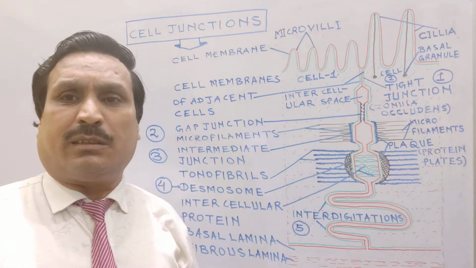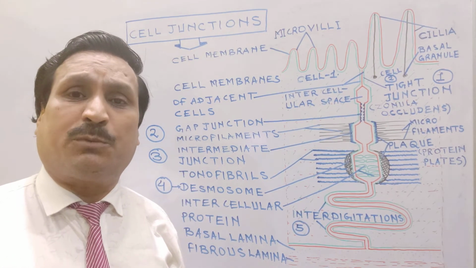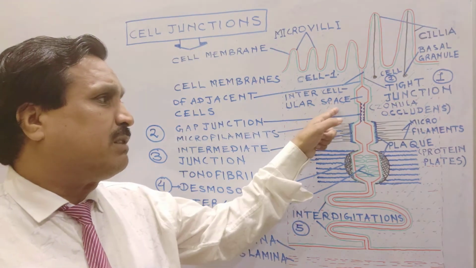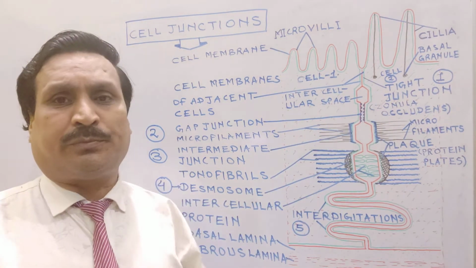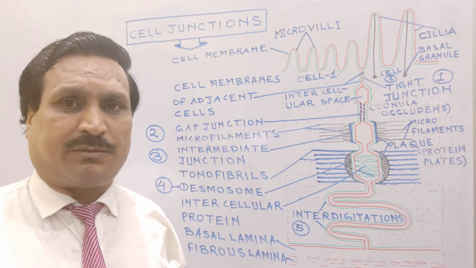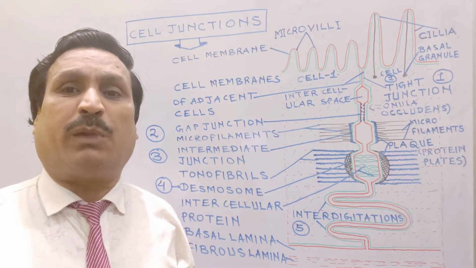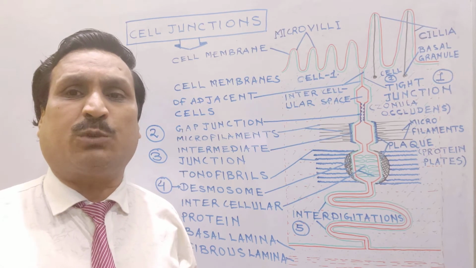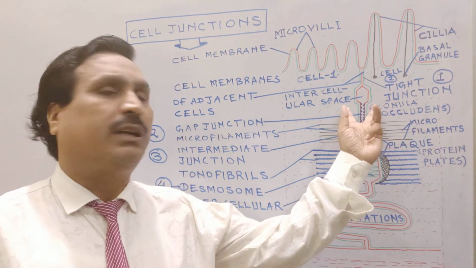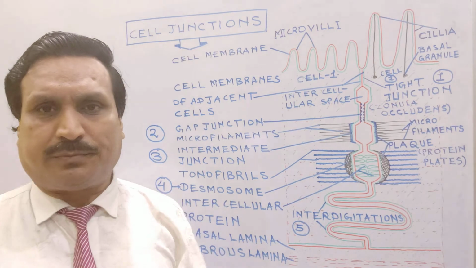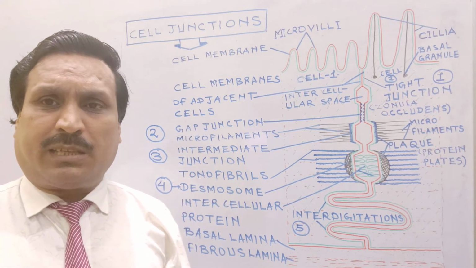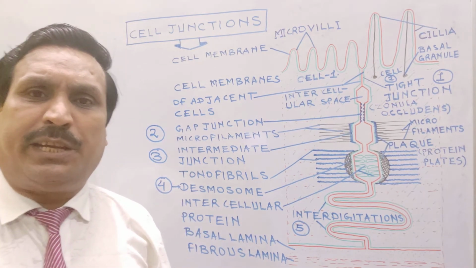When these connexons formed of connexin protein join the cytoplasm of both the adjacent cells, then in that case, it is very easy to interchange particles between the cytoplasm of both the adjacent cells.